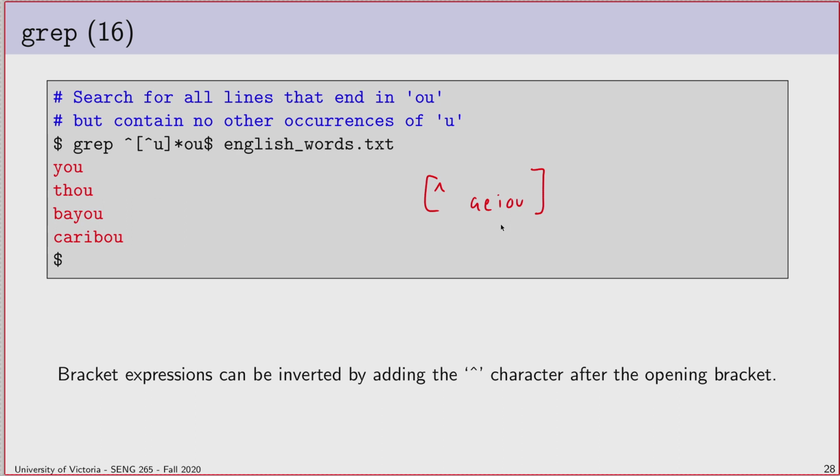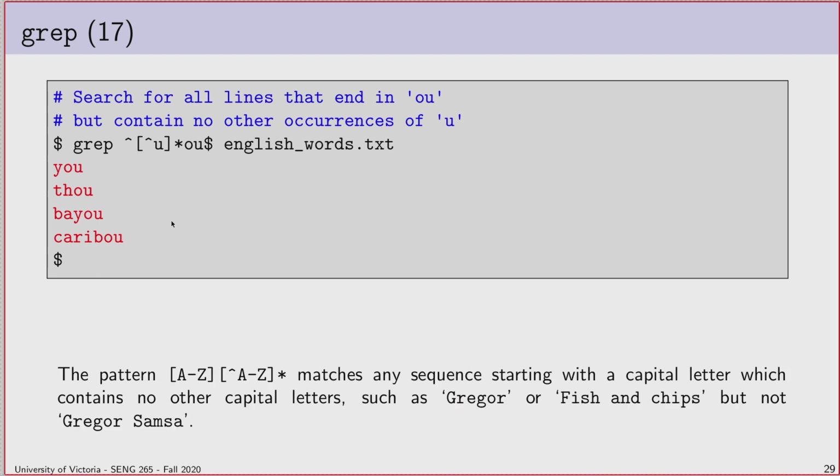And so what the pattern on the slide is currently doing is saying match the beginning of the line, followed by any character other than a U as many times as you want. So as many characters as you want that aren't the letter U, and then OU. Okay, so we get things like thou and bayou for that.